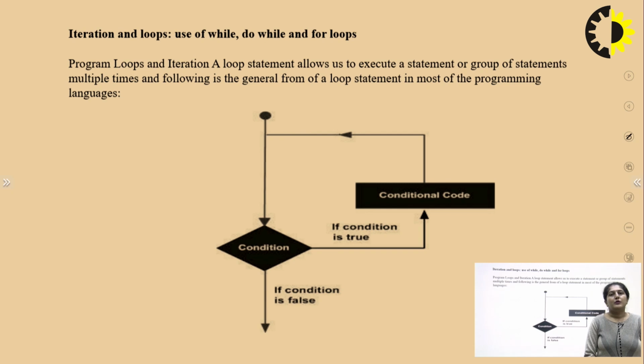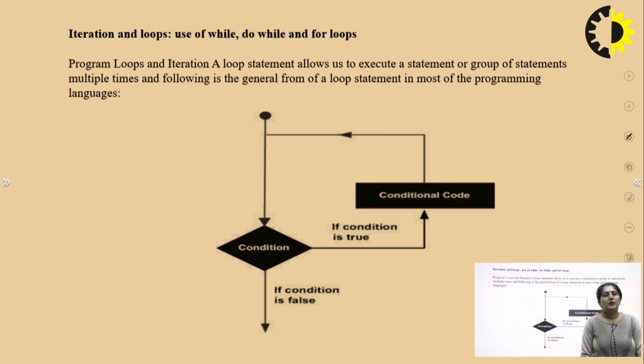So first of all, you should know what is a loop and iteration. A loop statement allows us to execute a statement or a group of statements multiple times, and following is a general form of the statement in most programming languages.